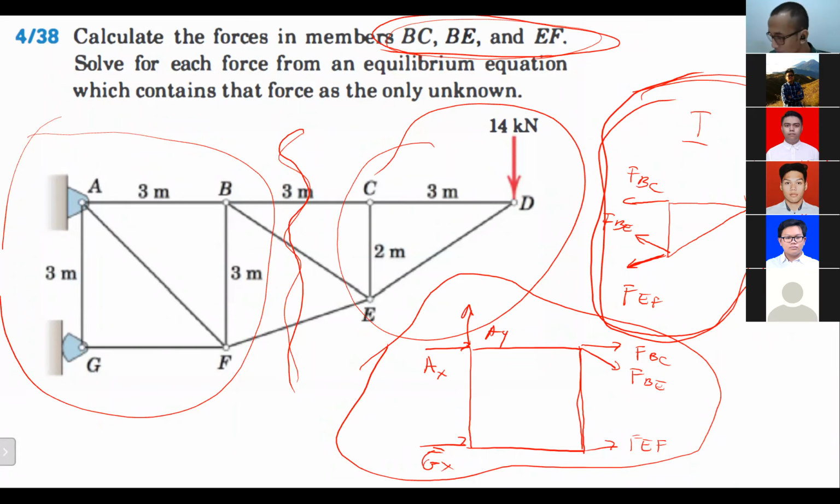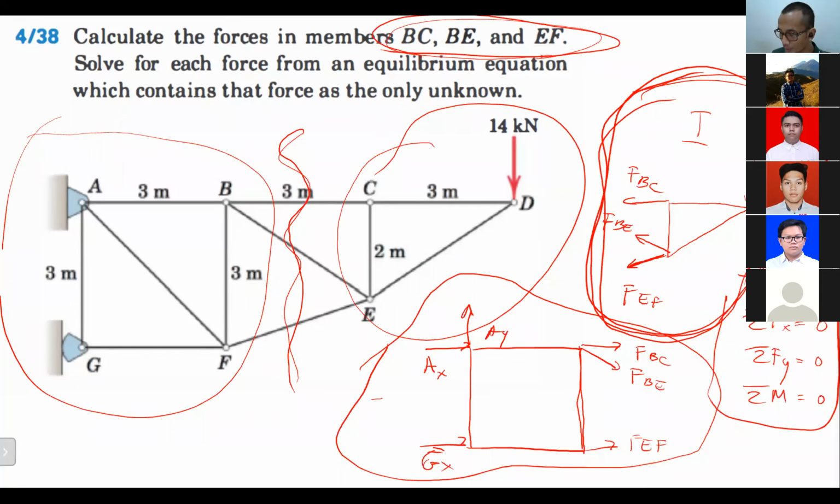So we can solve it using only the first free body diagram, using sigma Fx equal to 0, sigma Fy equal to 0, and sigma moment equal to 0, because it's not point equilibrium anymore. It's one whole free body diagram, and this is the set of equations we need to use for the first free body diagram.